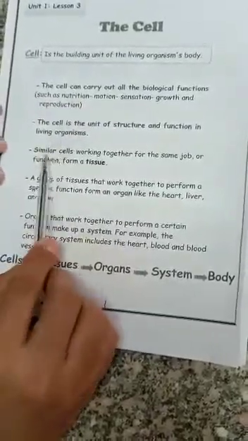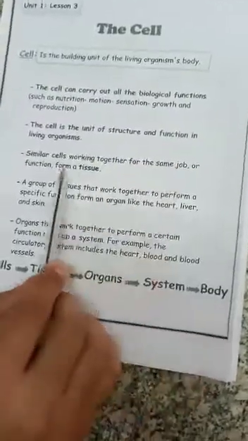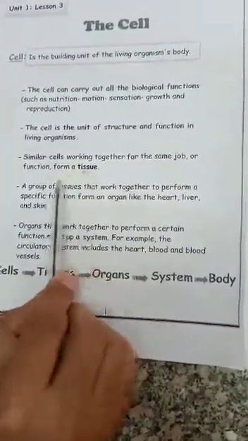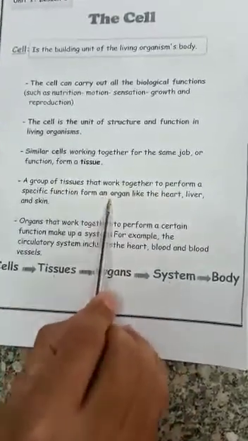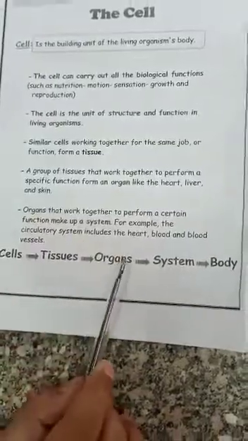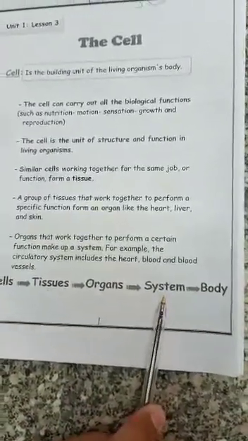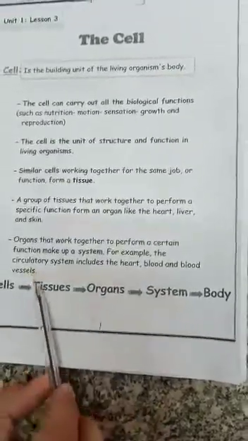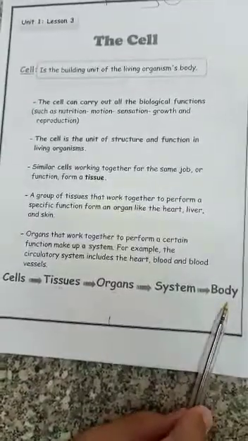A group of similar cells working together to do a job forms tissue. A group of tissues working together forms an organ. A group of organs working together forms a system. A group of systems, like the circulatory system and respiratory system, forms the body.